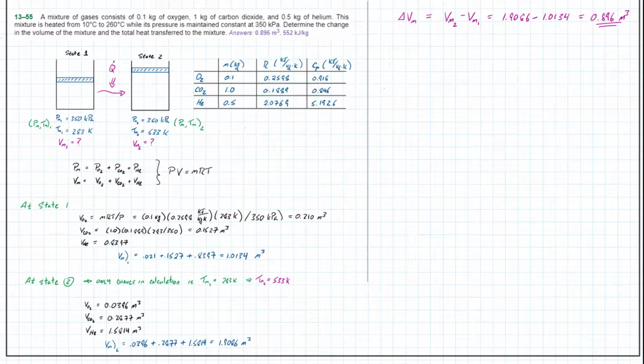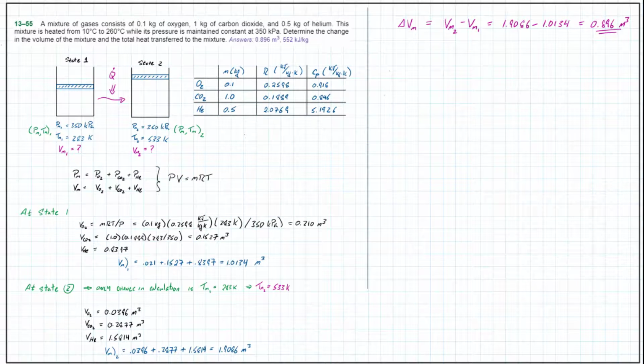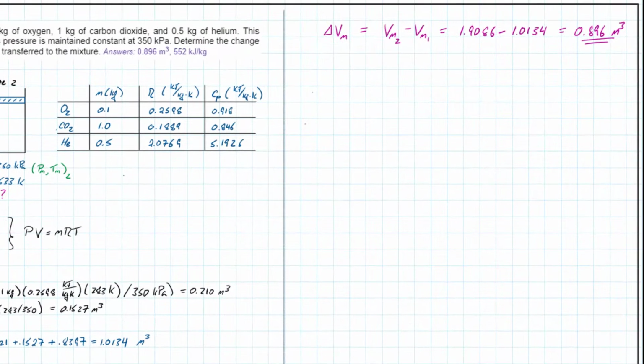Okay, so now the last thing we want is the total amount of thermal energy that's been put into the system, and we can again utilize that. If we treat each component as an ideal gas, then the amount of energy required to change the temperature of each of these components can be calculated individually.